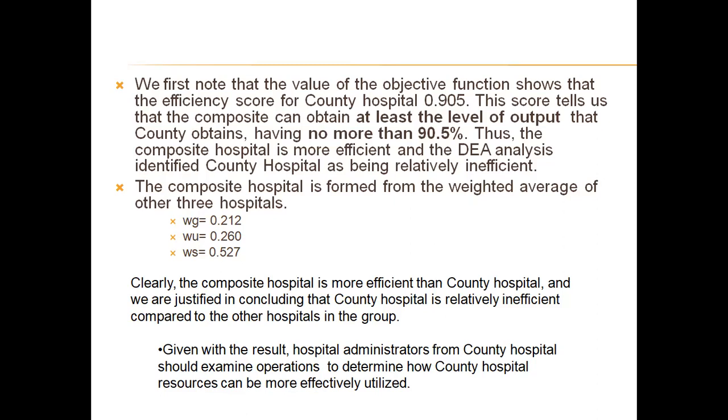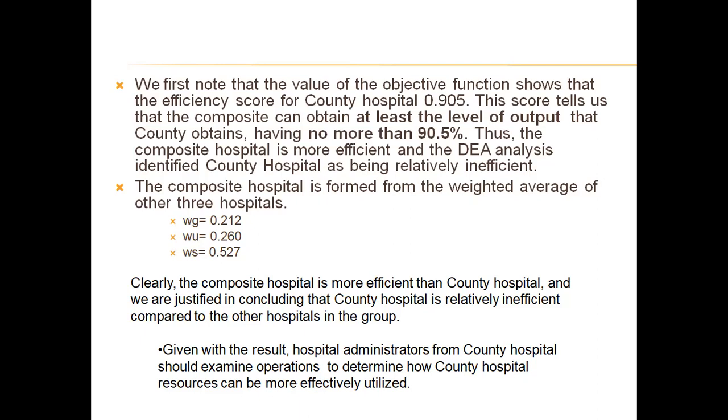So the composite hospital is formed from the weighted average of the other three hospitals. The other three are WG equals 0.212, WU equals 0.260, and WS equals 0.527. So clearly the composite hospital is more efficient than county hospital, guys, and we are justified in concluding the county hospital is relatively inefficient compared to the other hospitals in the group.